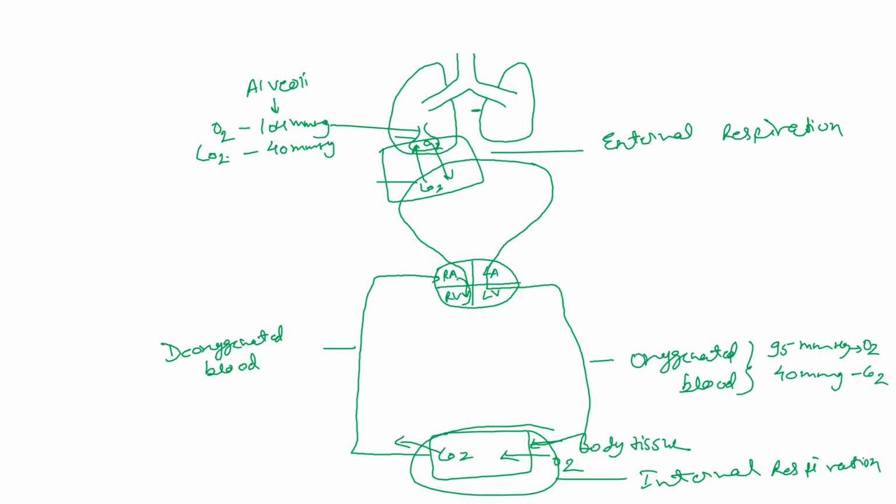In deoxygenated blood, CO2 is 45 mmHg and O2 is 40 mmHg. So this is the partial pressure of O2 and CO2 and gaseous exchange.